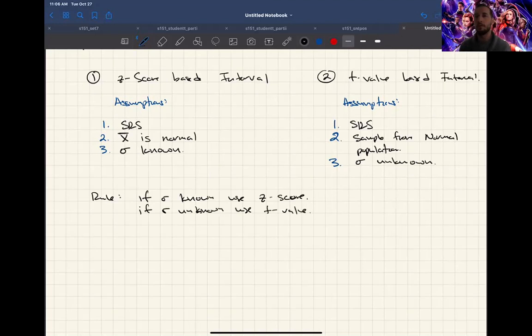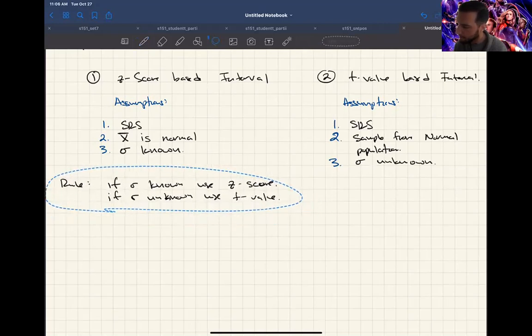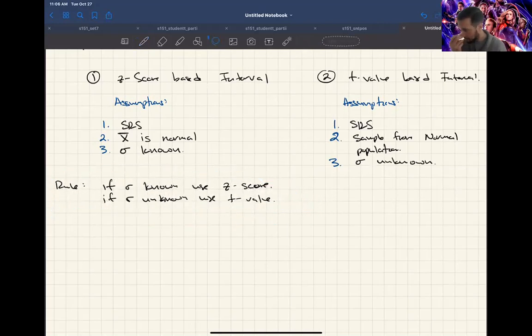That third assumption is one of the more critical ones because in almost every case that you will see, it will be the differentiator between whether I use a t-value approach or a z-score approach.